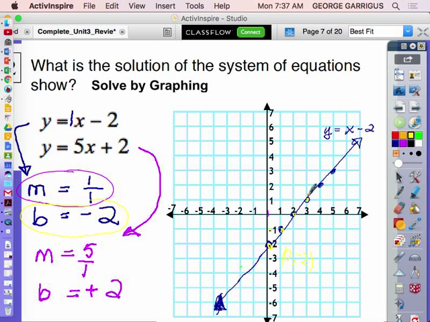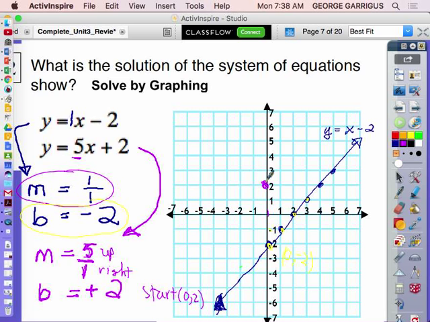The second equation we'll do in purple. And it's got a slope of 5. So that's 5 over 1. That means we're going to go up 5 and right 1. And we're going to start at 0, 2.